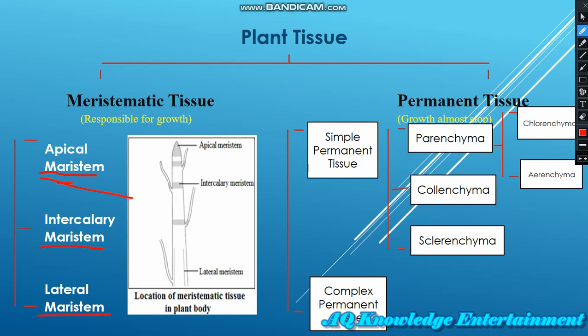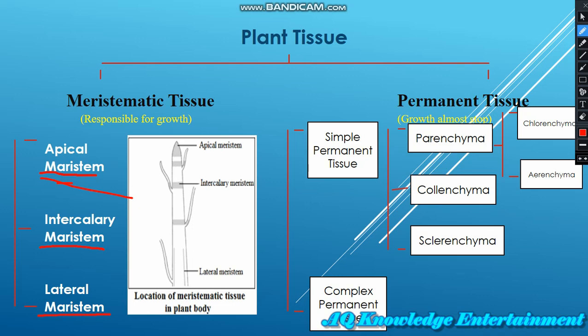As per the location of the growth, each meristematic tissue is given a different name. The apical meristem is present at the growing tips of the stem and roots, and it increases the length of the stem and roots.